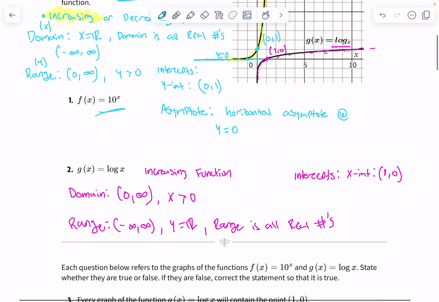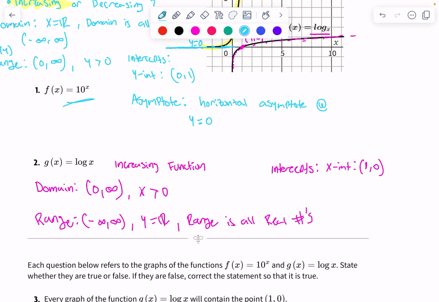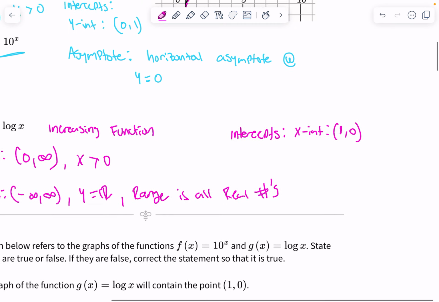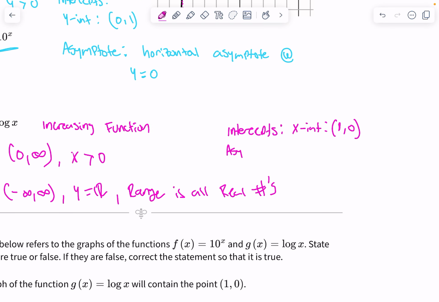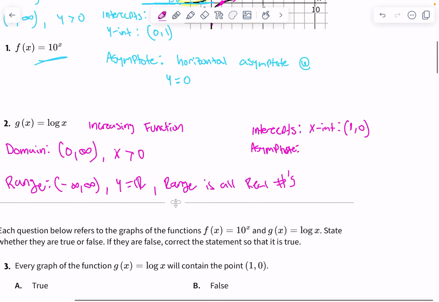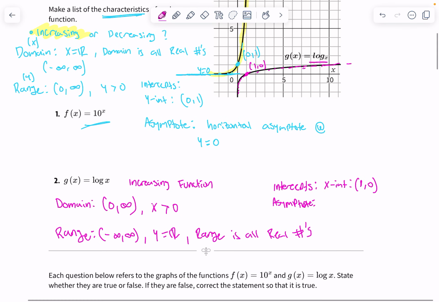Now let's talk about our asymptote. Do we have a vertical or a horizontal asymptote? In this case, we have a vertical one.